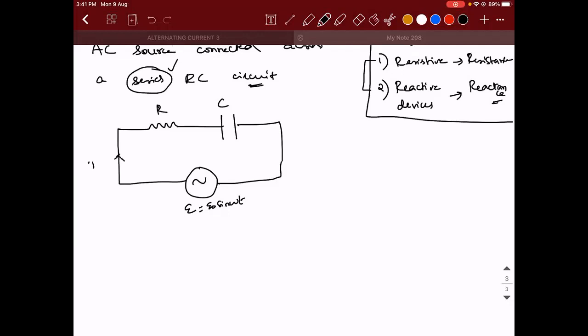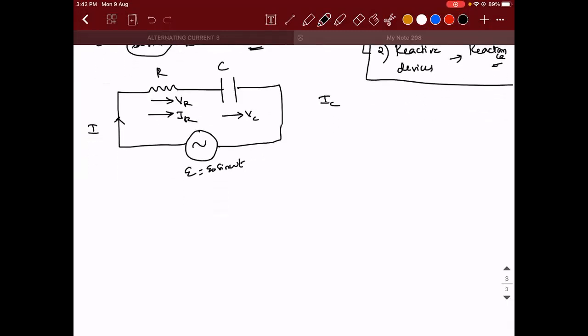Let's say the current supplied by this battery is I. If I say the voltage across the resistor is VR, then the current across the resistor will be IR. And if I call the voltage across the capacitor VC, then the current across the capacitor will be IC.